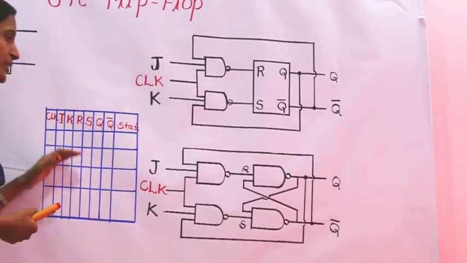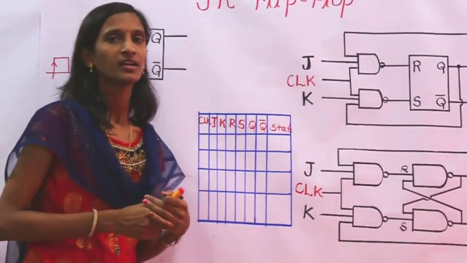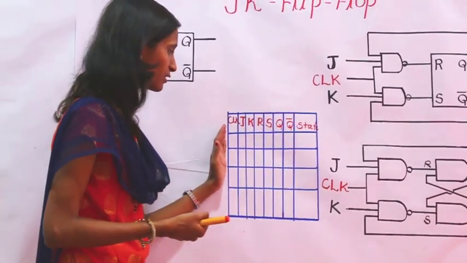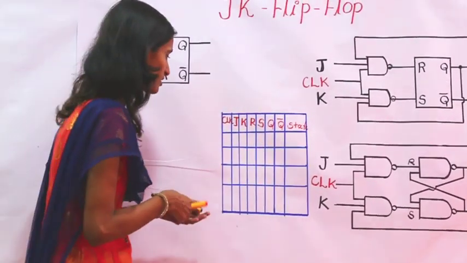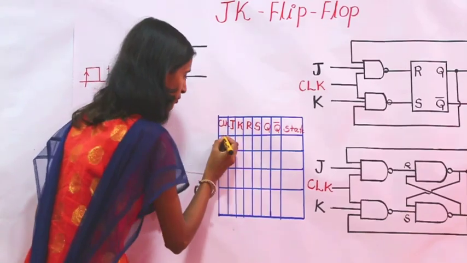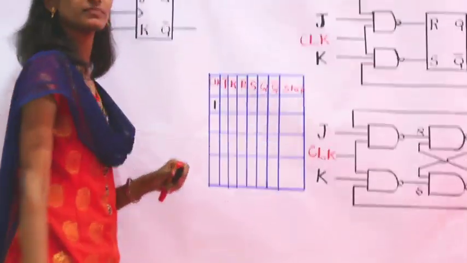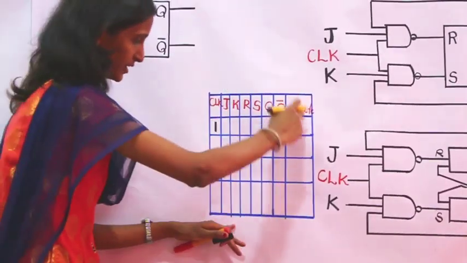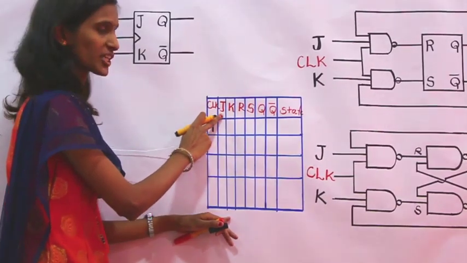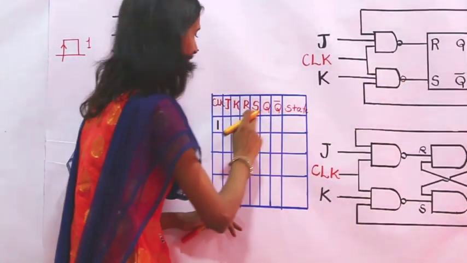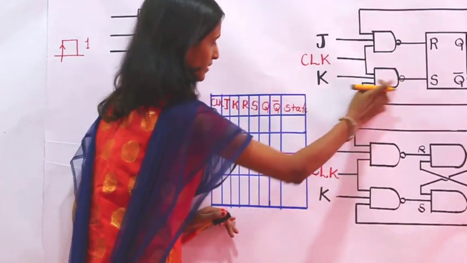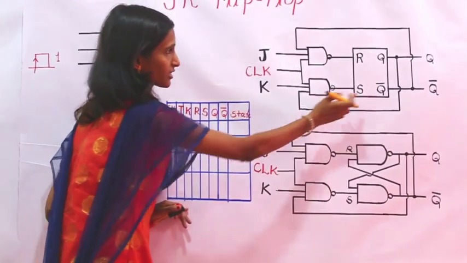Now consider the cases or operation. As previously told, I am giving the clock pulse as high, meaning 1, for all the conditions. I have made a table here with the clock, J input and K input. After J and K, I will get R and S, and then Q and Q bar are the outputs.